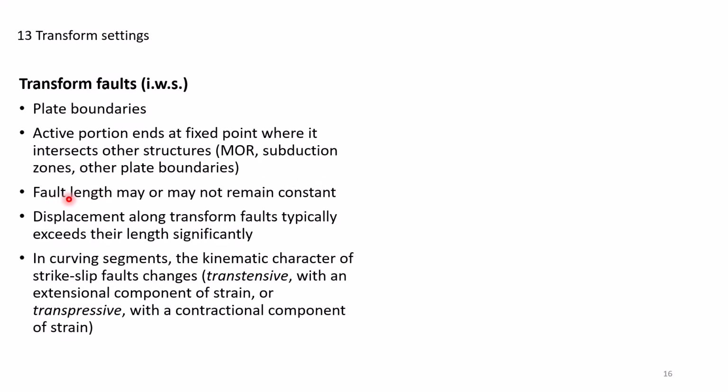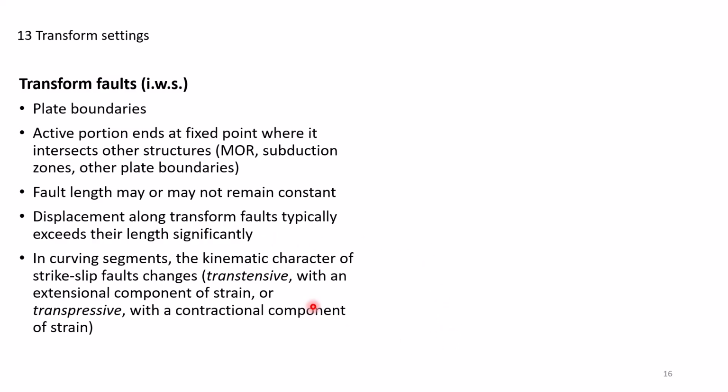The fault length stays constant if the transform fault connects mid-oceanic ridge segments, but it may change if a transform fault connects to a subduction zone or any other plate boundary. The displacement along such transform faults is typically very large because it needs to accommodate the seafloor spreading, which might be thousands of kilometers of oceanic lithosphere.